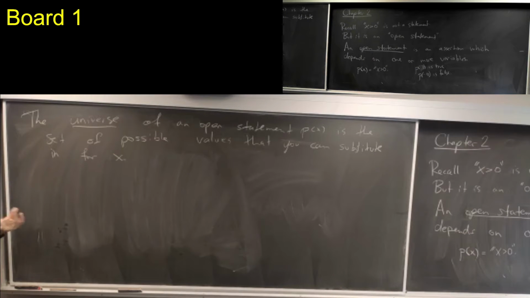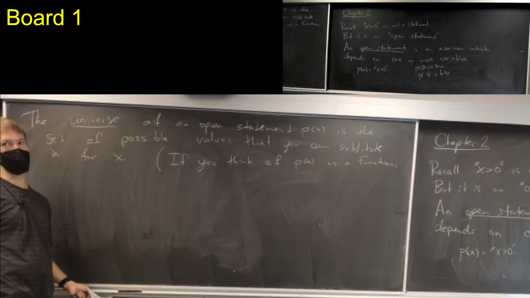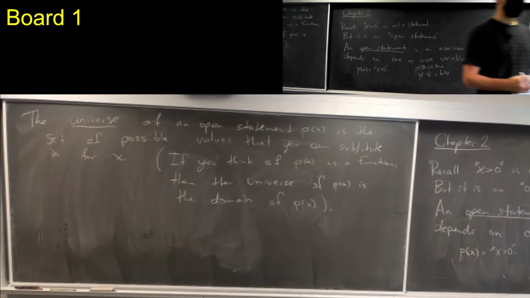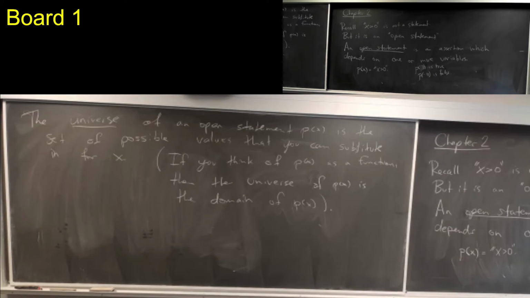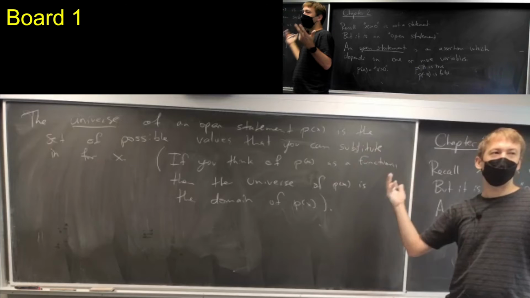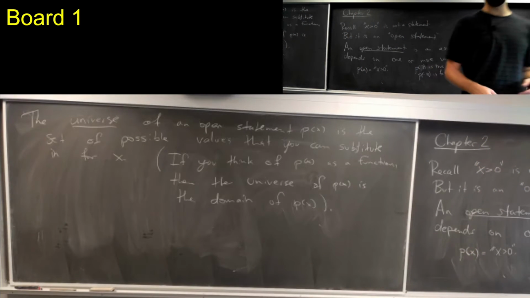Actually, if you think about an open statement as being like a function, what this really means is that the universe is the domain of the function. But we haven't formally built up those definitions yet. If you already know what the domain of a function is, then this makes sense. But because we haven't formally defined functions and we haven't even really formally defined sets, we're just going to call it the universe. Later, it'll become more formal.